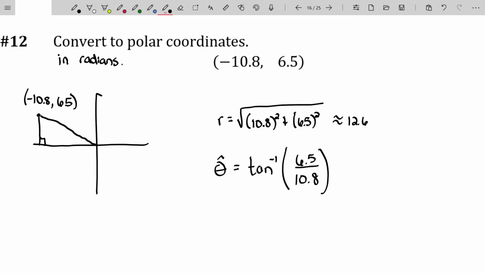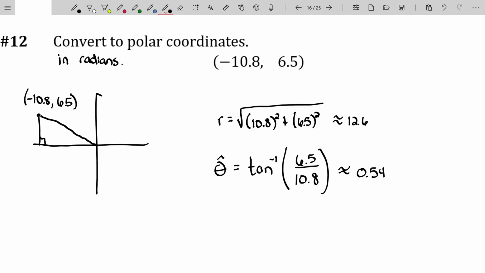And I just remember, I want this in radians, so I'm going to switch the mode on my calculator to radian mode. And I will go ahead and do the tan inverse of 6.5 over 10.8. And I get the following in radians, roughly. We'll round to 2 decimal places because radians kind of requires that level of precision. So 0.54 radians. That's my reference angle.